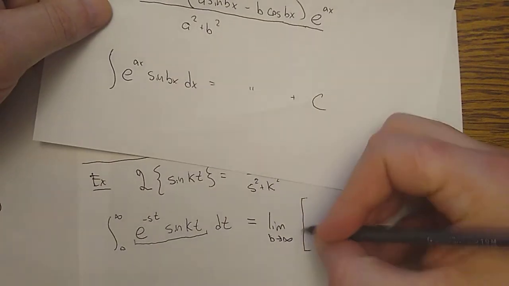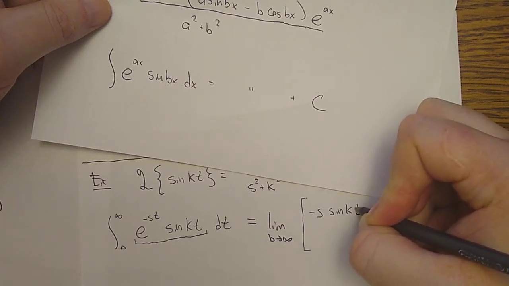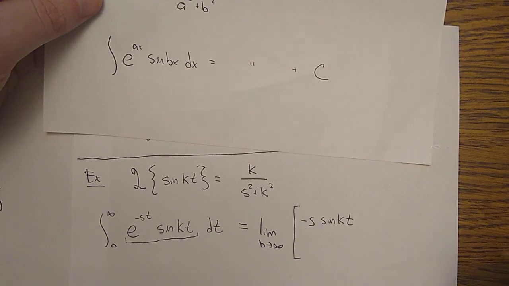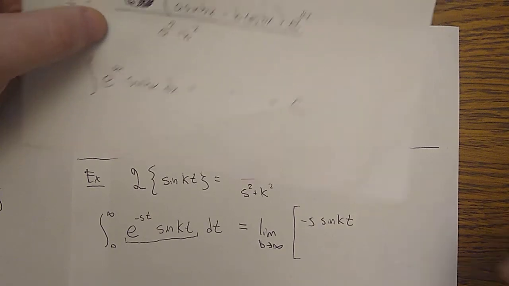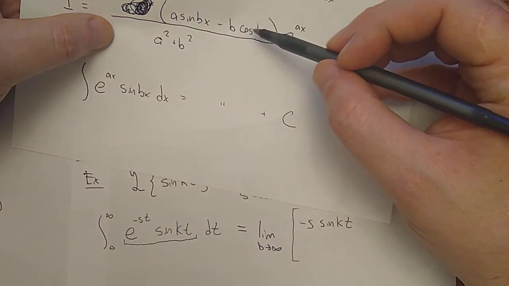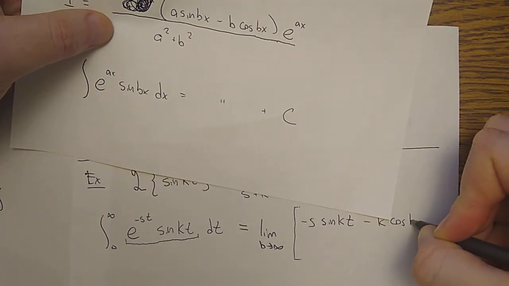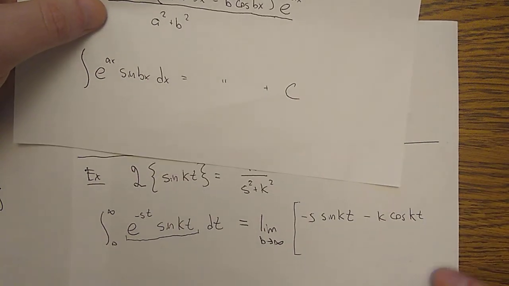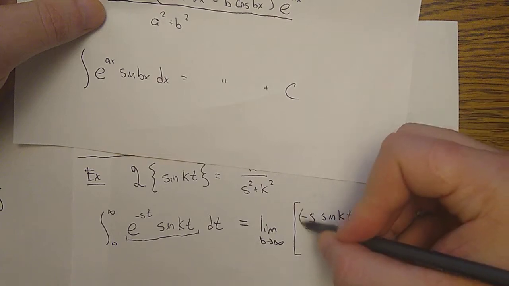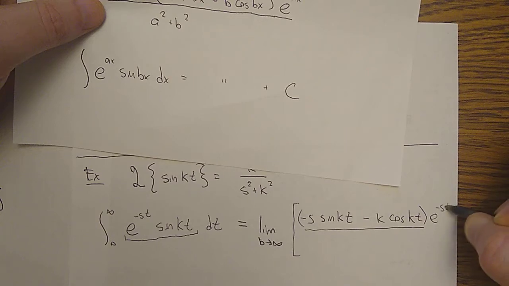So, negative s sine kt, because instead of x, I have t, right? So that's this, and then I have negative k cosine kt. This is in parentheses times e to the negative st.